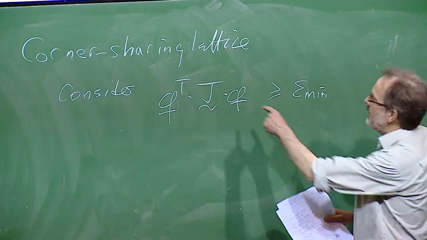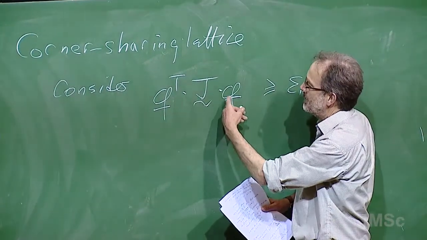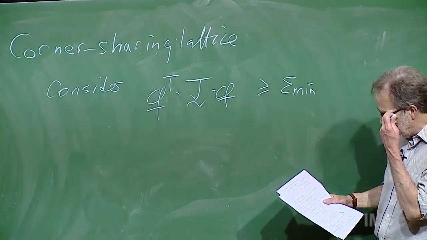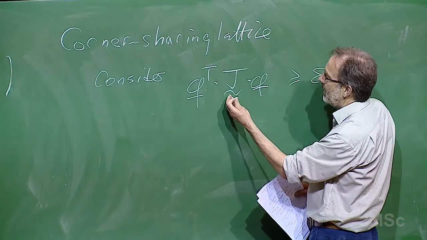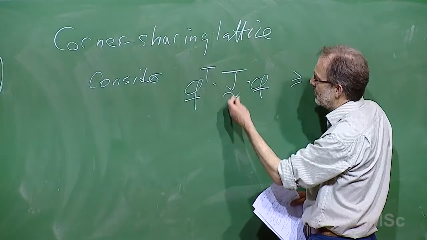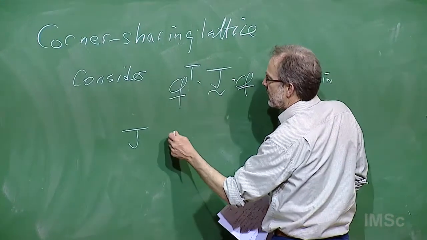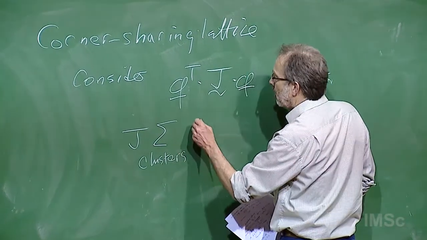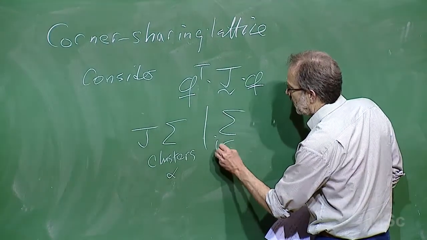Okay, so the idea is that from the variational theorem in linear algebra, we can get an upper bound on the minimum eigenvalue, and then using the same ideas that we talked about for spin systems, we can say that if J_ij is simply J for nearest neighbors on one of these corner-sharing lattices and 0 otherwise, we can write this as J times the sum over clusters of the square of the sum of phi_i over sites within the cluster.